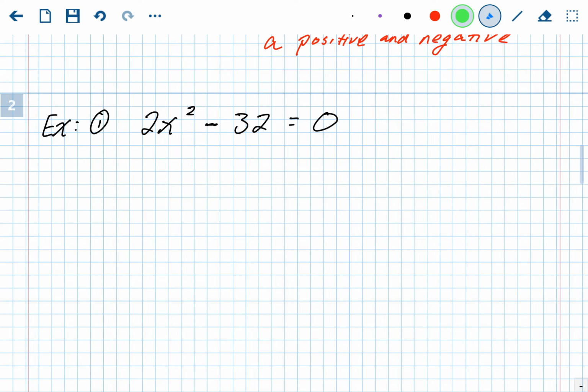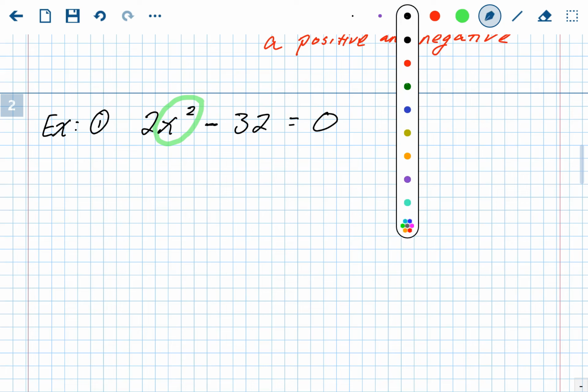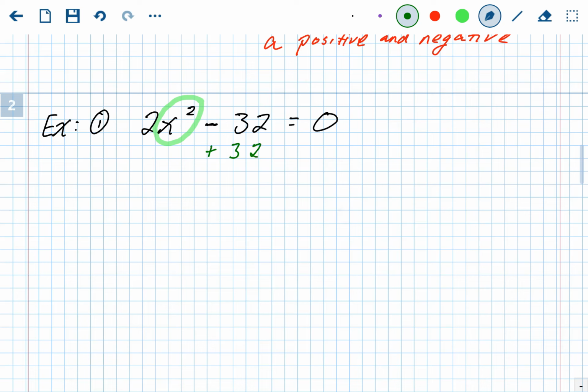Okay. So we need to isolate the x squared part. Remember, just like solving equations way back in the first quarter, you just go piece by piece. Start furthest away from what you're trying to isolate. So we'll add 32 to both sides. 2x squared equals 32. Again, trying to isolate the x squared part.